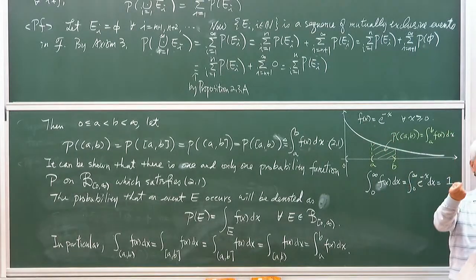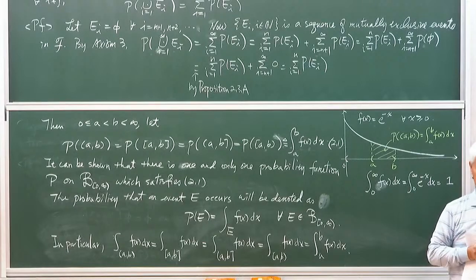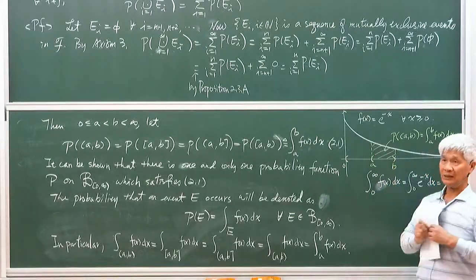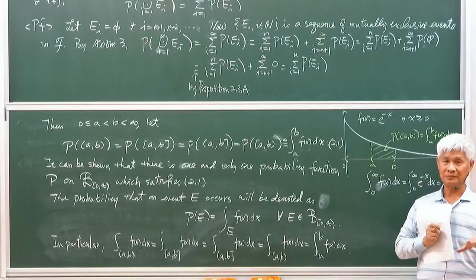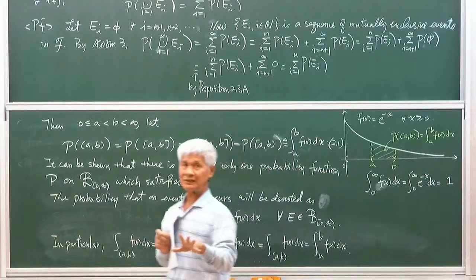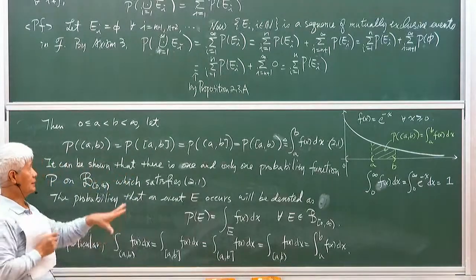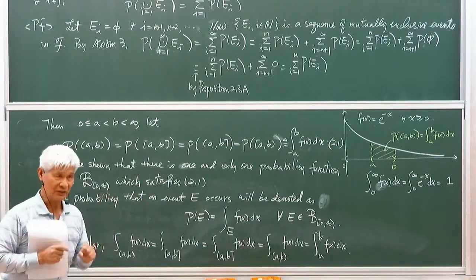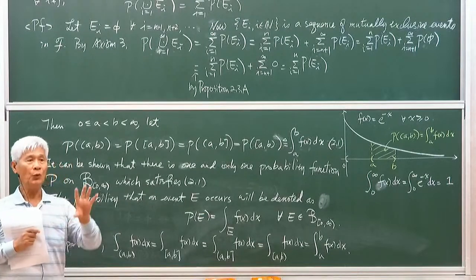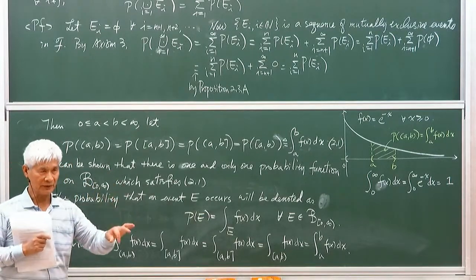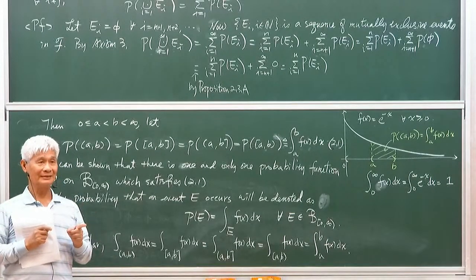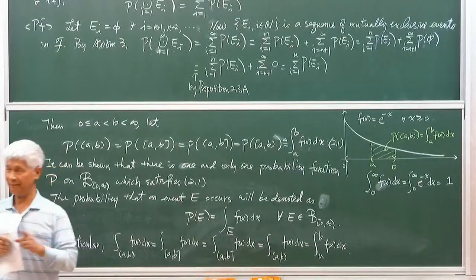The way to estimate a probability function we call statistics. So we use statistical methods to estimate the probability density function f of x. But in probability theory, we take a probability density function for granted as the starting point.